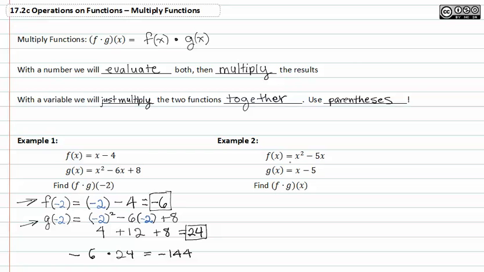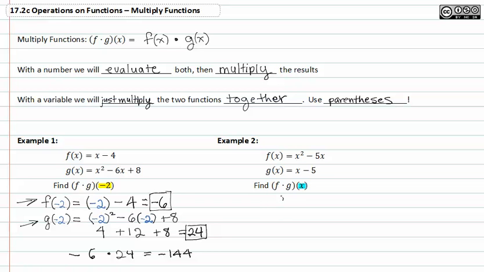In example 2, you'll see that there is a difference, because in the first problem we were asked to multiply and find the product when we have a -2. In this case, we're using just the variable x, so we just multiply the two functions together and use parentheses.